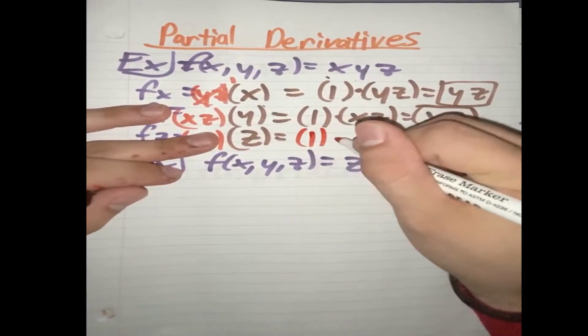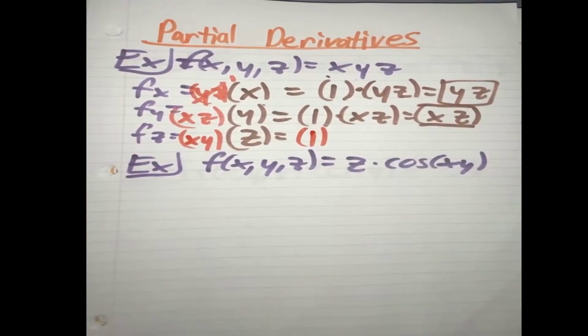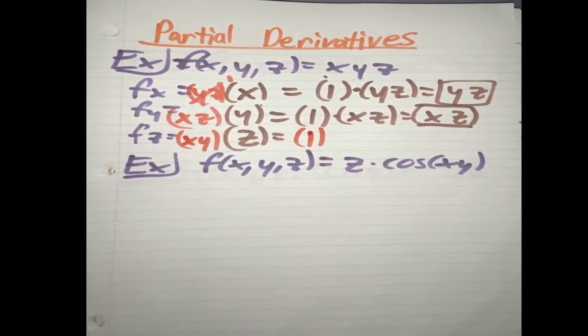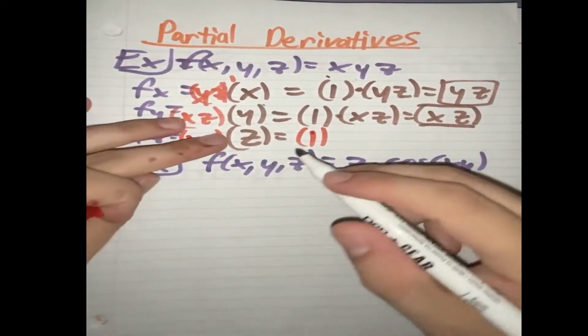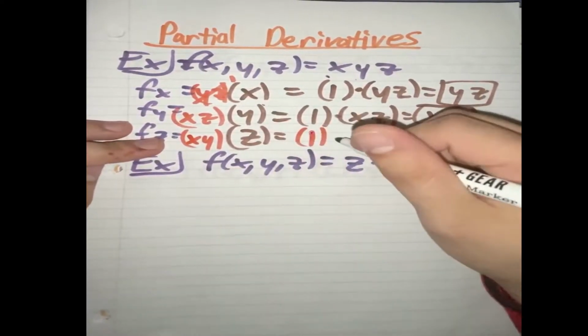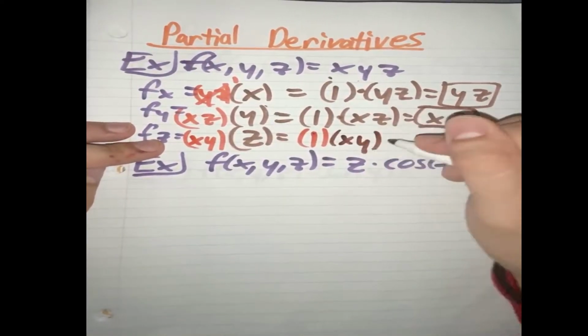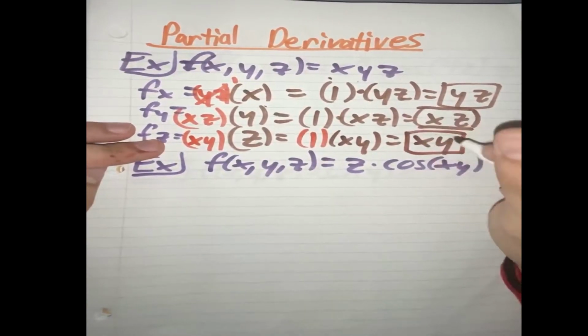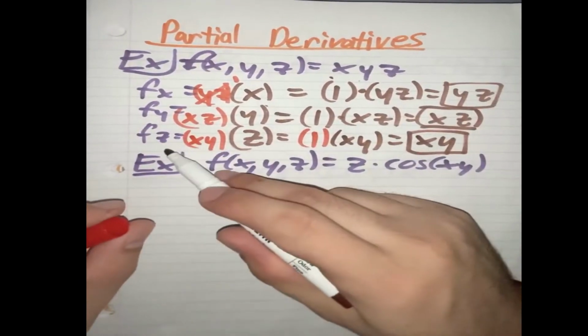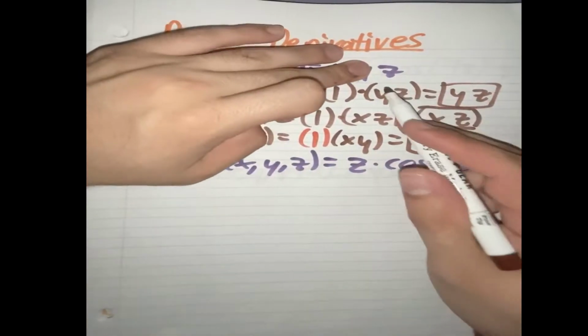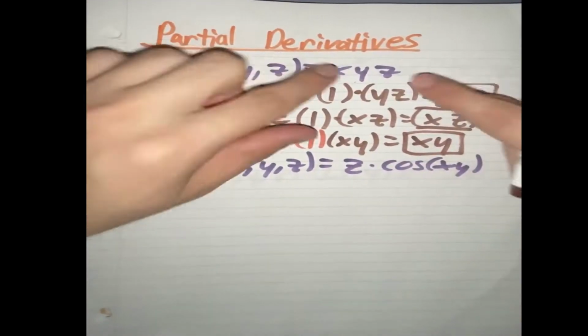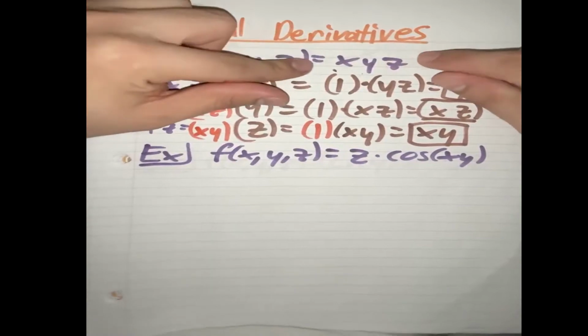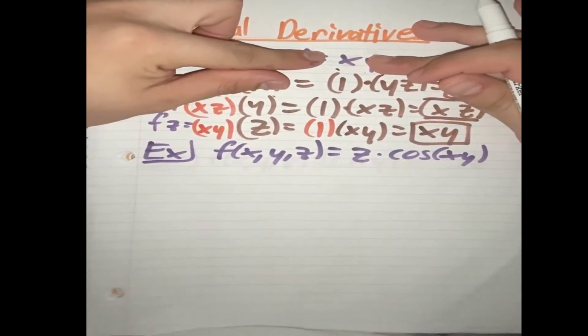The derivative of z is 1, and the rest is a constant, so this is simply xy. So basically, if you're deriving with respect to z, only look at the z and take the derivative. If you're deriving with respect to y, only look at the y. If you're deriving with respect to x, only look at the x.